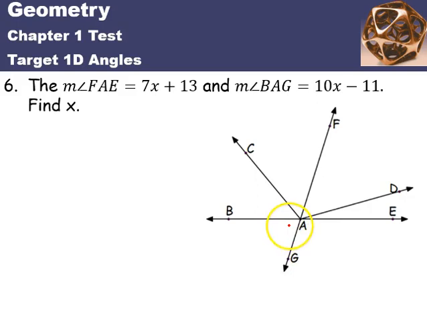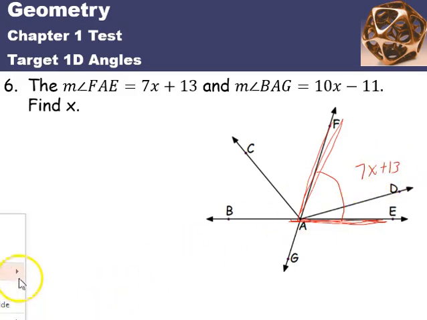Okay, and lastly, we have angle FAE. So FAE is this red angle. And we know that that's 7x plus 13. And then we have this blue angle, BAG.